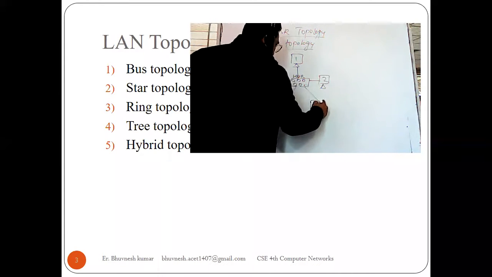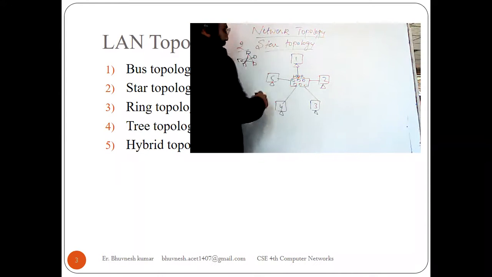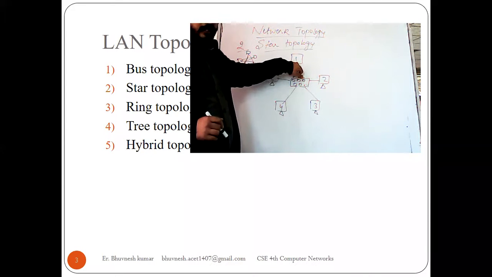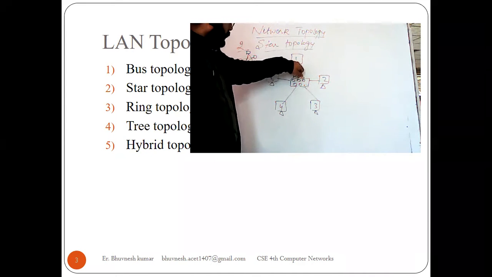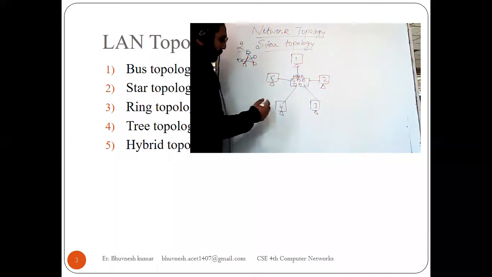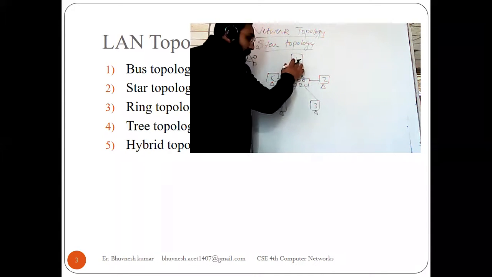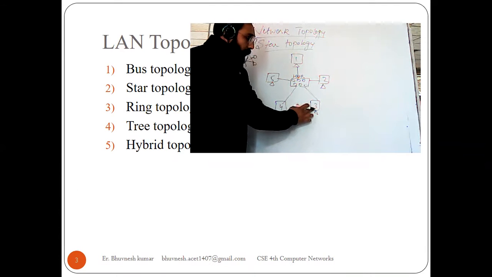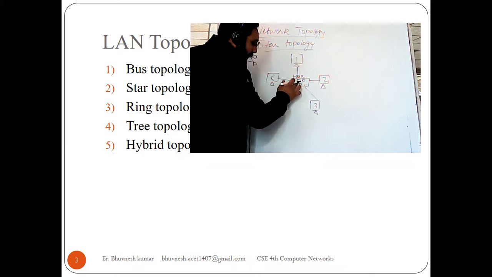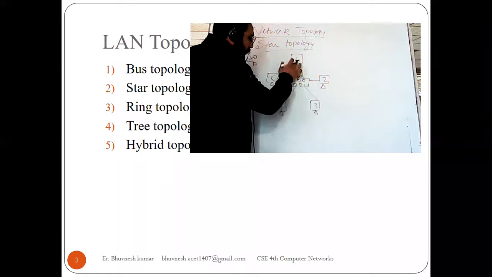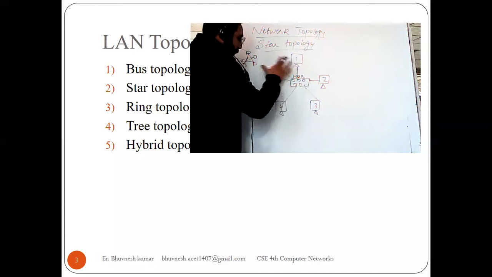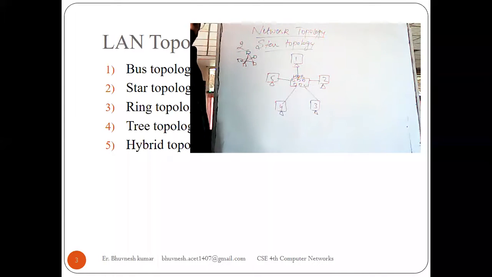PC1, PC2, PC3, PC4, PC5. If a PC wants to send data to PC3, it will send its IP as well as the destination IP, and through this centralized device they will communicate with each other. This is what your star topology looks like.